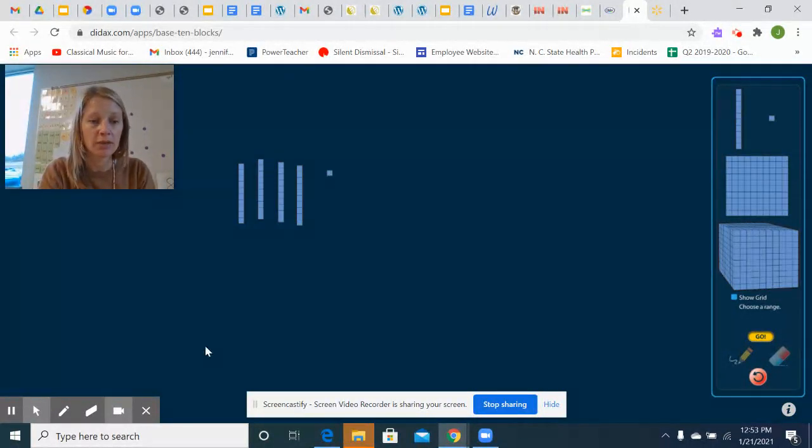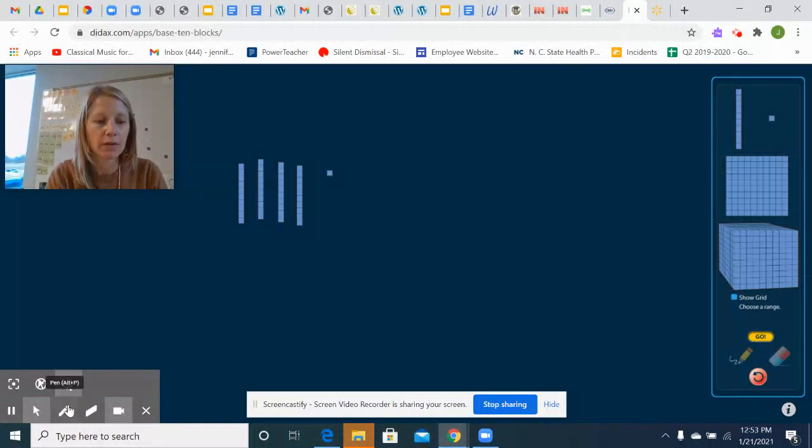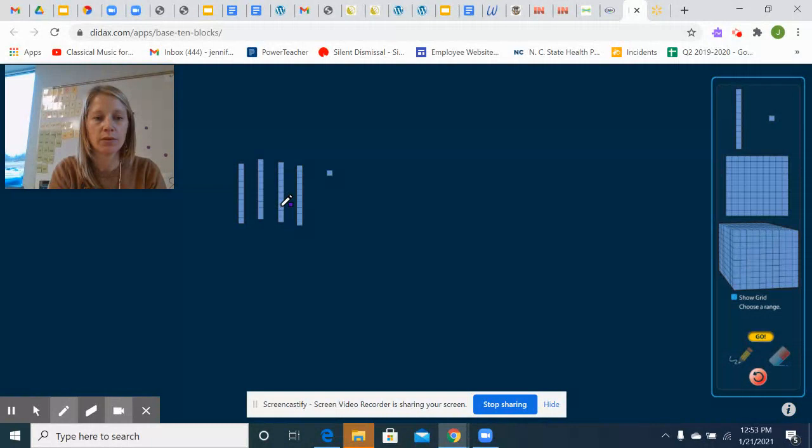So the first thing we need to do is just count how many rods and dots we have to write our numbers in the right place value. So let's count our rods first. 1, 2, 3, 4. I'm going to go ahead and write 4 in my tens place. And I have 1 dot, so I'm going to write a 1 in my ones place.